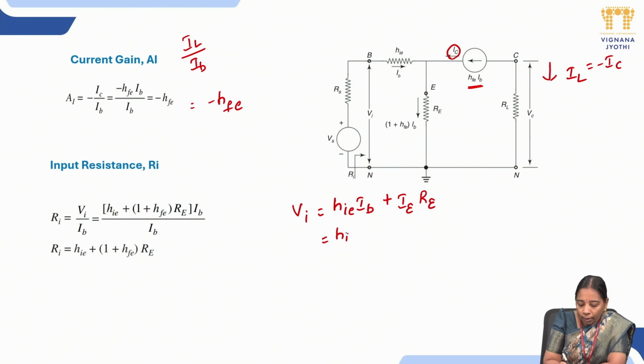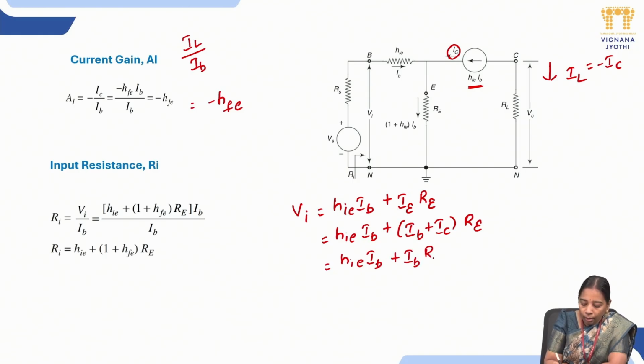Next, we can write HIE into IB plus IE, and we already know that IE is IB plus IC, into RE. That is HIE into IB plus IB into RE, and again we know that IC is equal to HFE into IB, into RE.